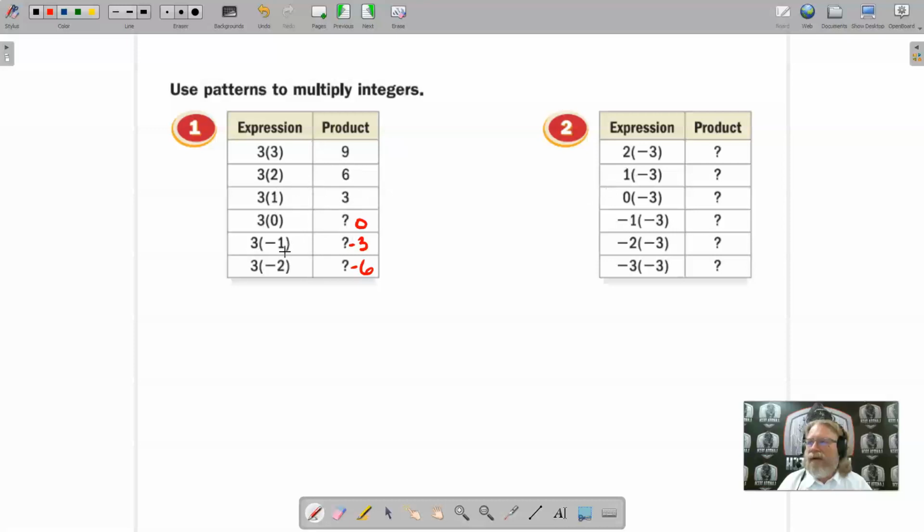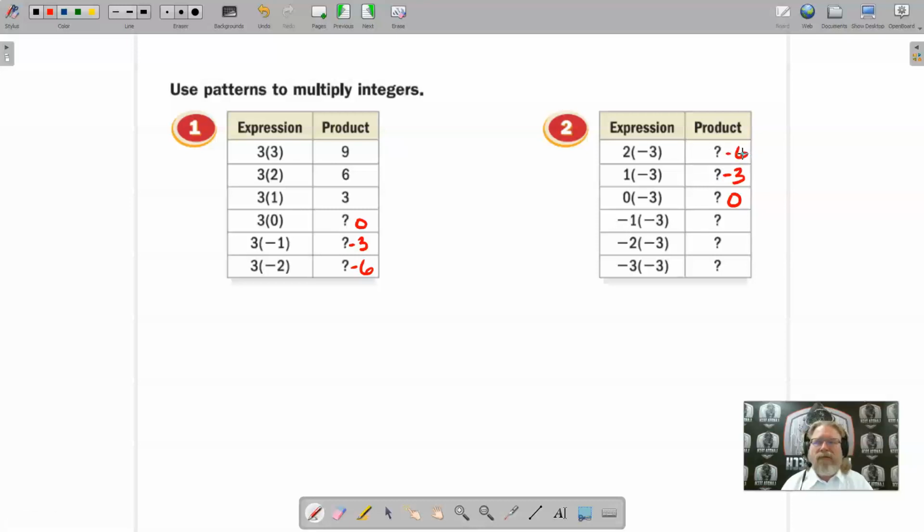I was looking to see, do we have any over in the table that are the same? No, we don't. But we do know that this is going to be 0. And if we think of 1 times -3, you owe one person $3. So you would owe how much total? Well, you'd owe $3. And if you owed 2 people $3 each, you would owe $6.